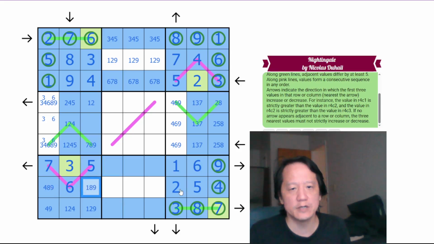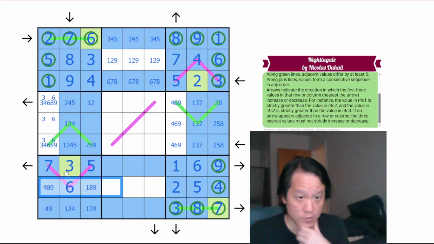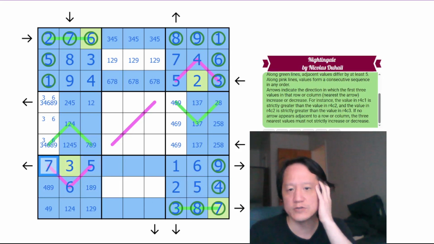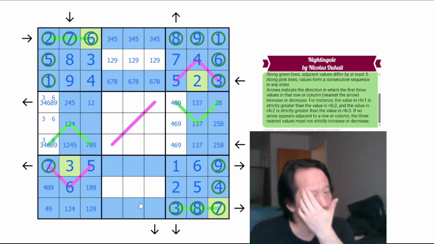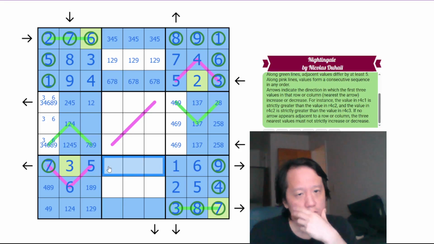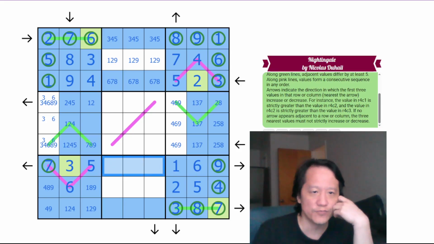2 is eliminated here because of the 2 in the row. We have 5, 6 in value, 7 in value, so that's valid there. Remaining digits of row 7, we have 2, 4, and 8 available.